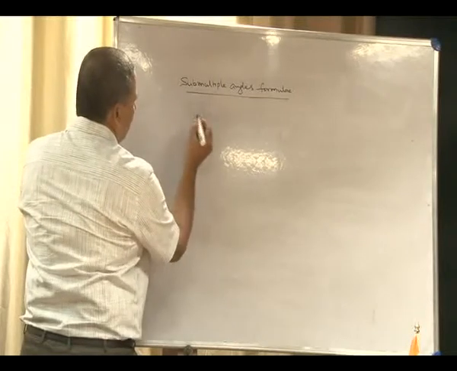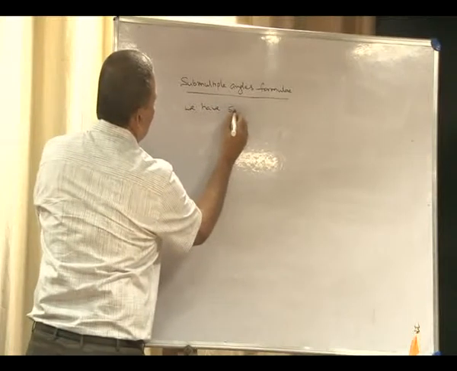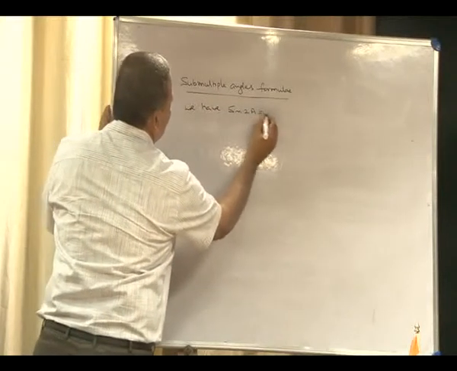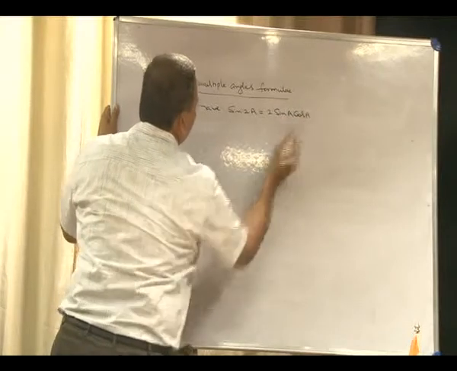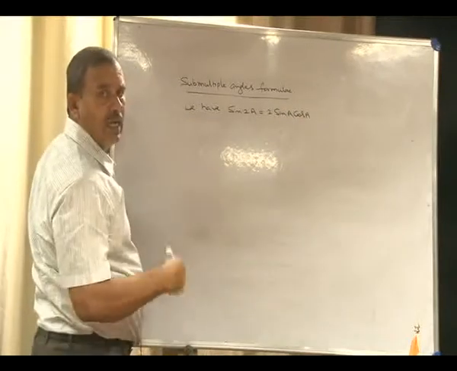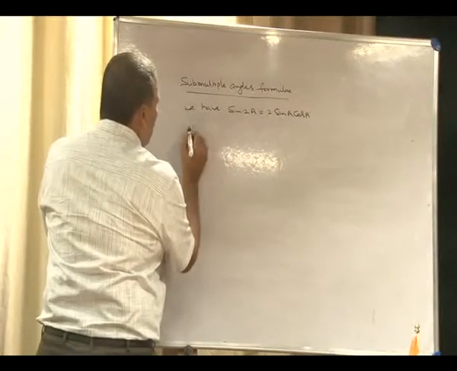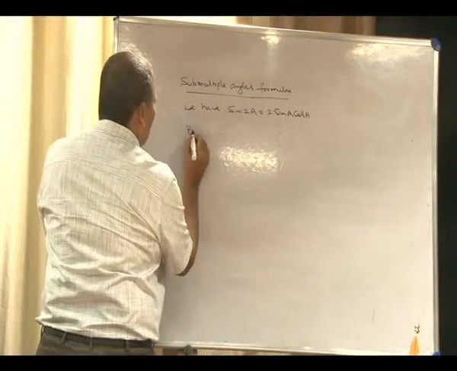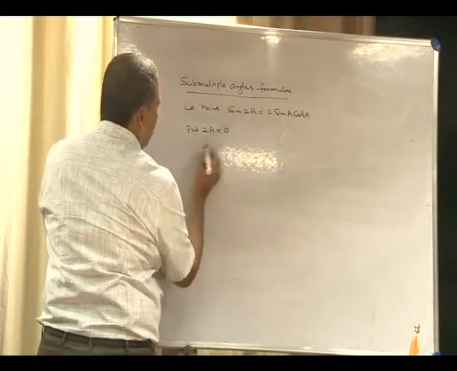Here we know that sin 2A is equal to 2 sin A cos A. Substitute 2A equal to theta.